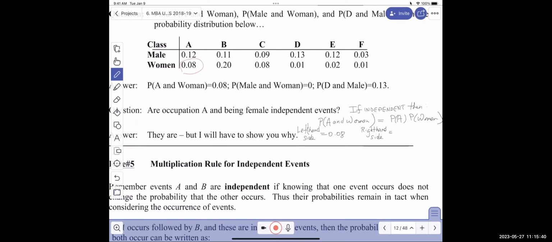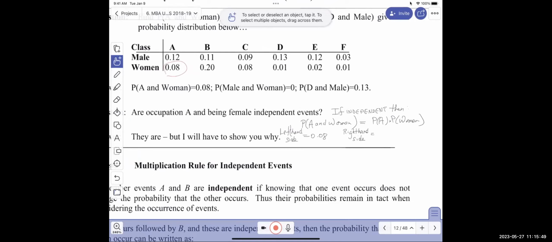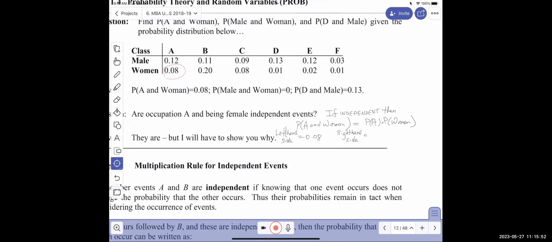Now let's check on the right-hand side. What's A? What's woman? Let's begin. What's the probability of A?